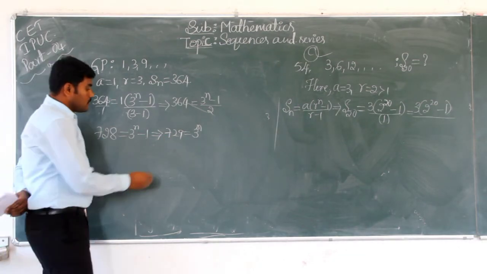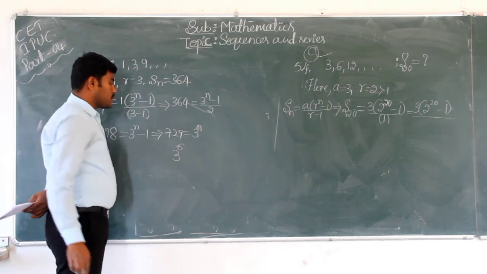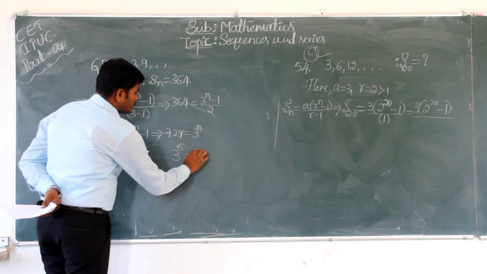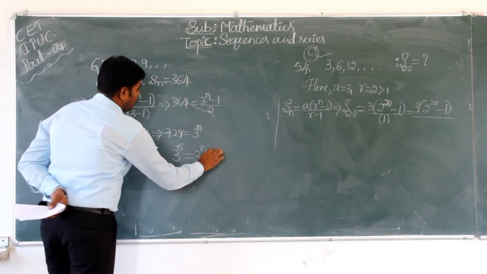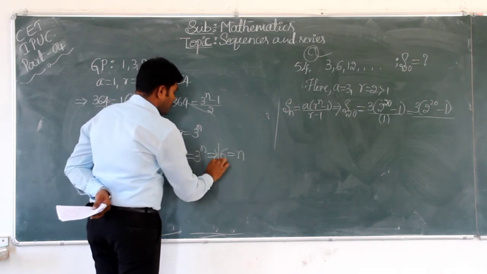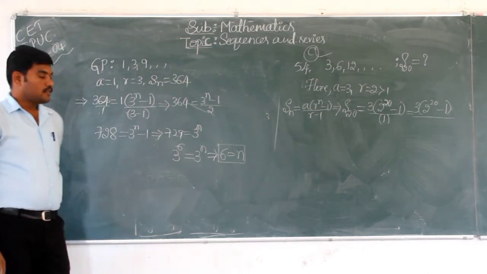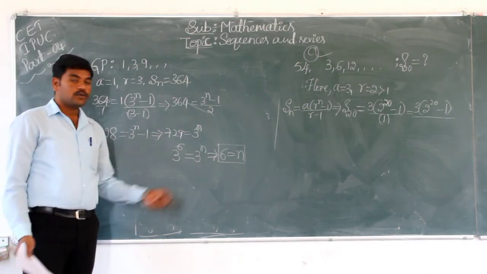If I raise 3 to the power of 6, I will get 729. Then see here, bases are same, equating the powers, it becomes n is equal to 6.